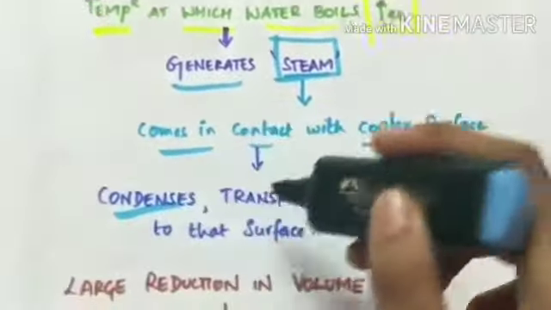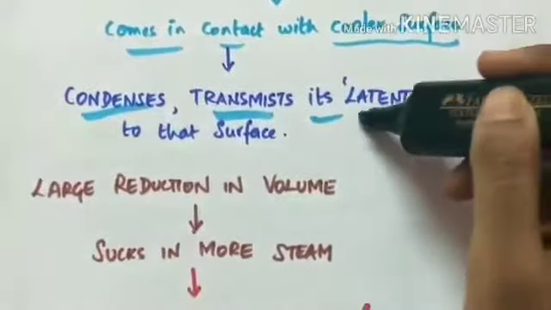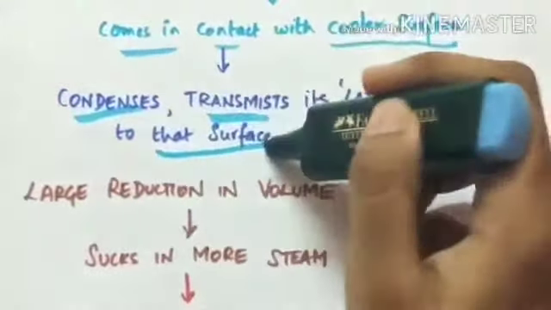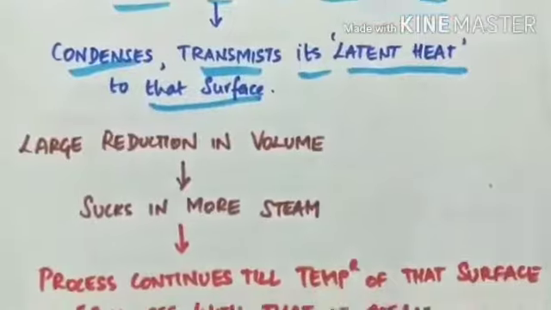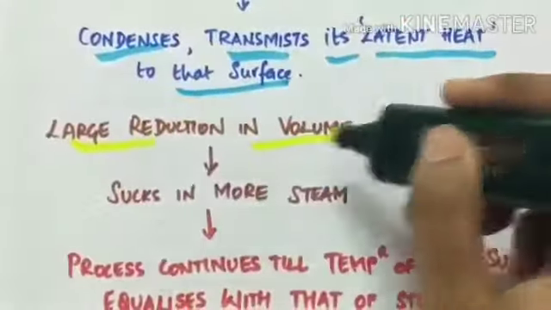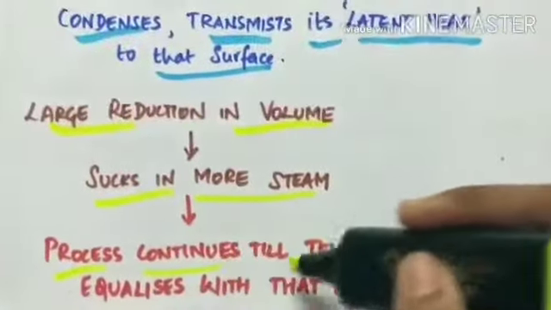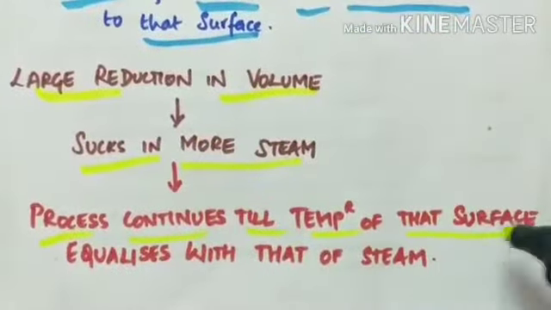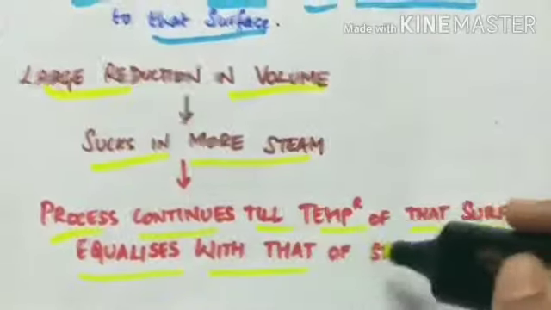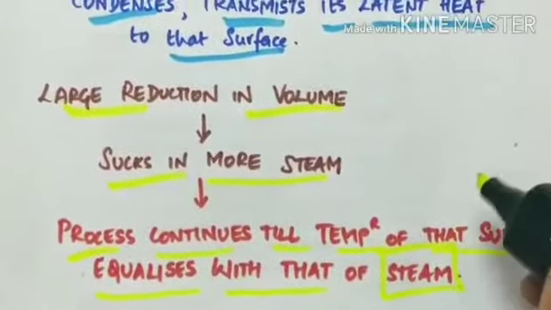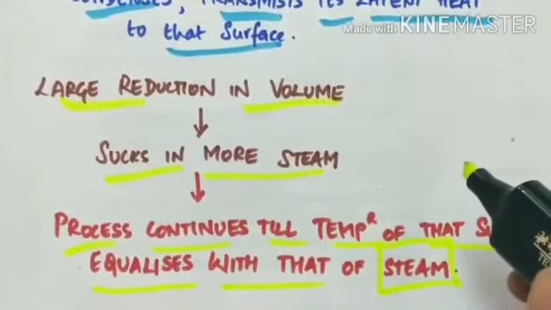It condenses and transmits its latent heat to that surface. The large reduction in volume sucks in more steam, and the process continues till the temperature of that surface equalizes with that of the steam. So this is the principle of autoclave.